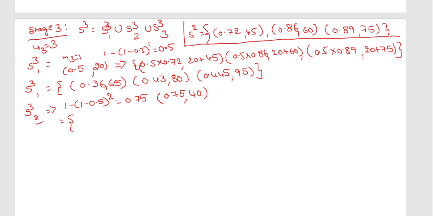So 0.75 into 0.72. I will write 0.75 into 0.72, 40 plus 45. Simply 85. 0.75 into 0.86, 100. 0.75 into 0.89 plus 105.